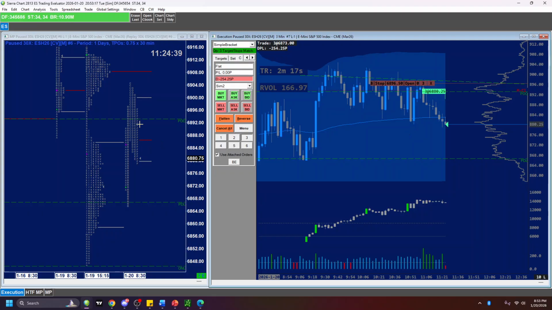You want to lean more on the higher time frame context, and also what's going on with the market profile. Market profile is going to be like 75% of the trade decisions. So the fact that we broke E period low right here, that's a good signal to go short.